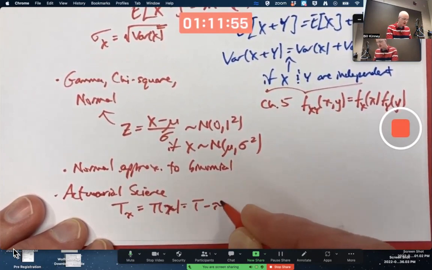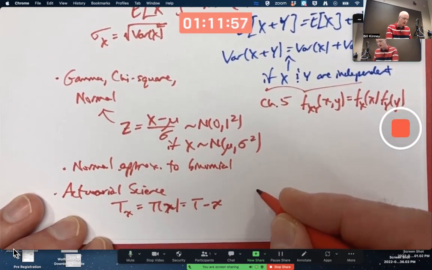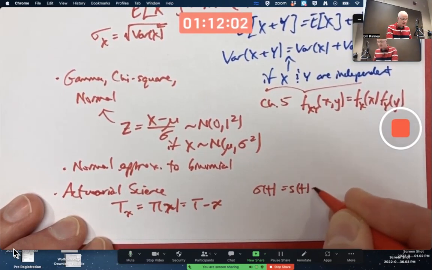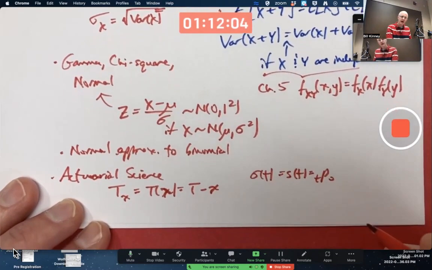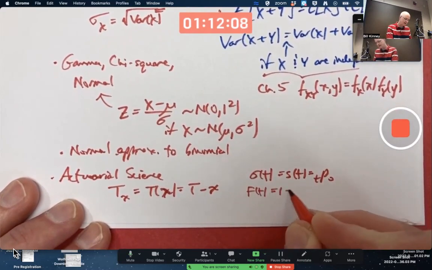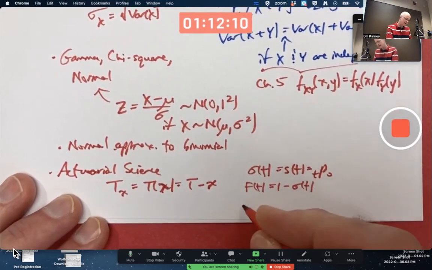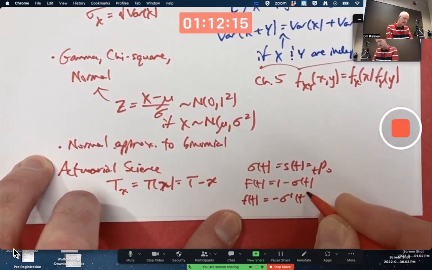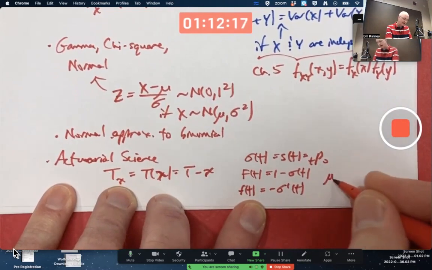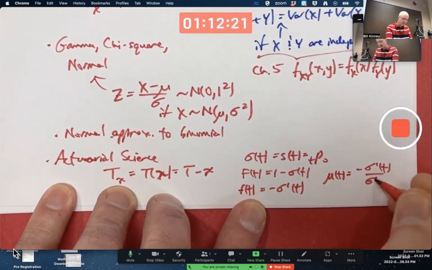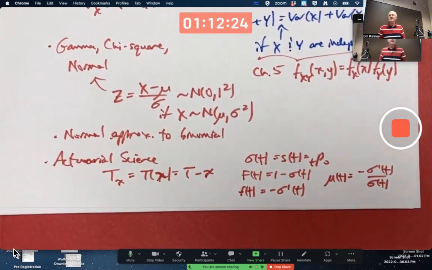You can use your survival function with various kinds of notations to figure out the CDF, the PDF, and the force of mortality. You can also, I emphasize, if you're given the force of mortality, figure out the survival function.